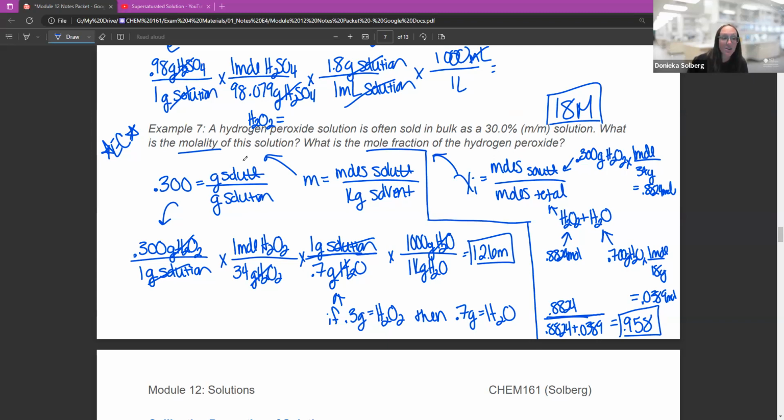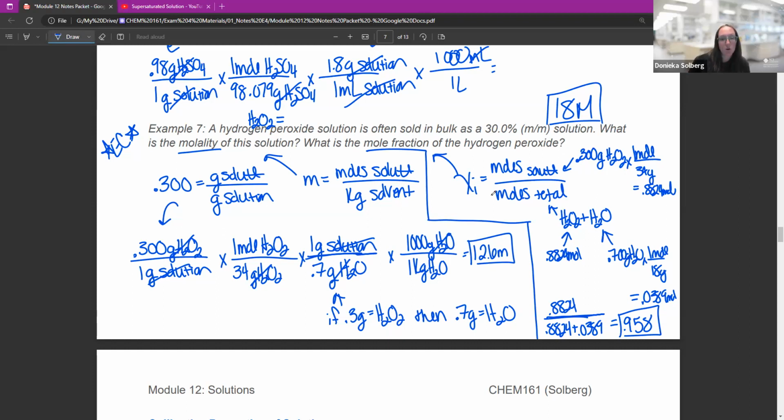So 0.7 grams must be my solvent. So I wrote that down here. If 0.3 grams are H2O2, then 0.7 grams are water. So there's actually 0.7 grams of water or solvent per 1 gram of solution. Now I want not grams of water, but kilograms. So then I converted grams to kilograms and I get 12.6 molality.